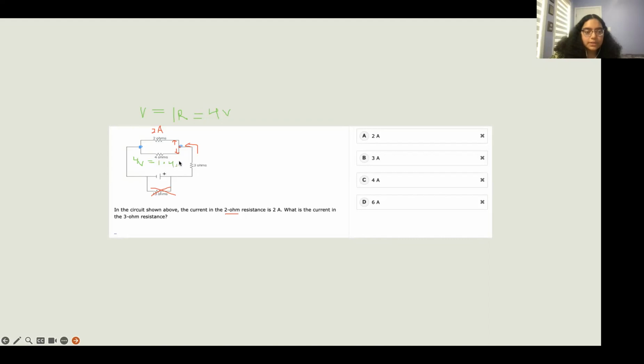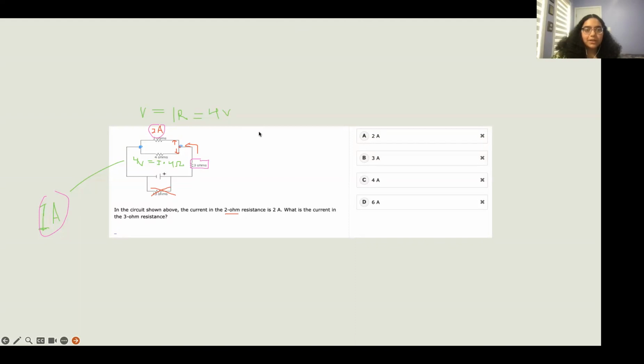And so that means your I has to be 1 ampere. Sorry for the bad writing. So then the sum of your 2 amperes and your 1 ampere is how much was going through this one, which is the in part of the junction. So hopefully that breakdown makes sense.